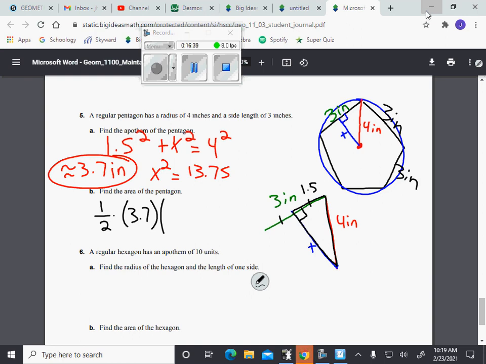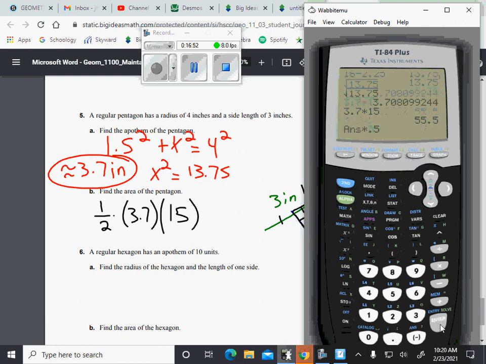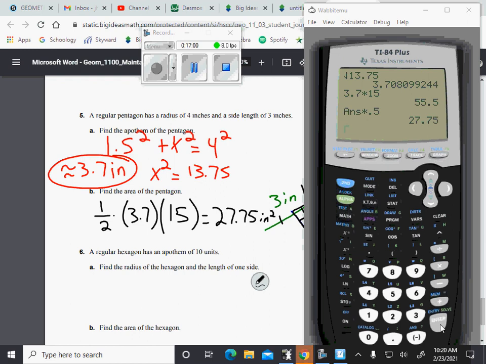It's going to be 15. Calculator. 3.7 times 15 times 0.5. 27.75 inches squared.